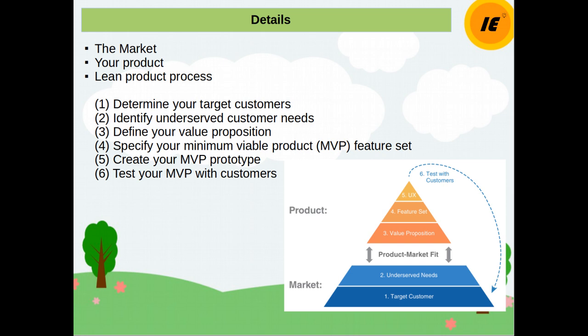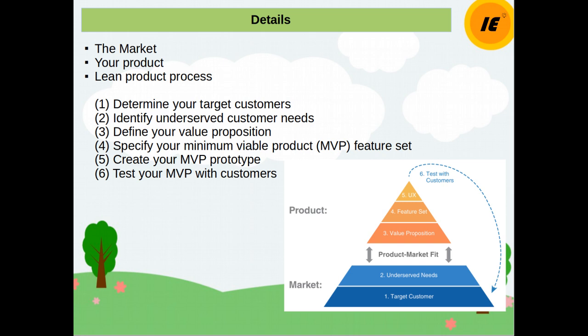Now here, a product is a specific offering intended to meet a set of customer needs. From this definition, it is clear that the concept of product market fit applies to services as well as products. The typical distinction between a product and service is that a product is a physical good while a service is intangible.